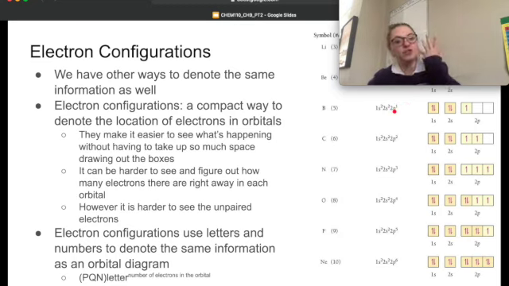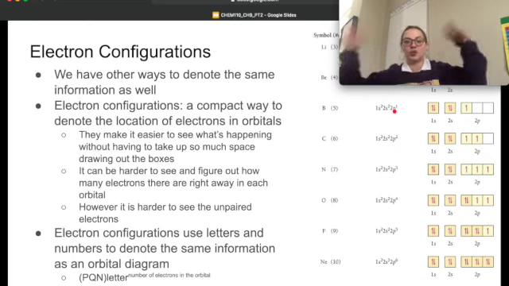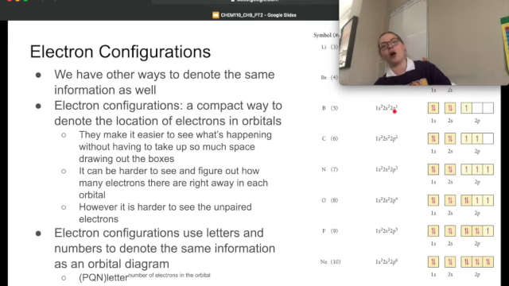They make it so much easier to see what's happening without taking up so much paper and space, drawing out all those boxes and putting all the electrons in. It can be harder to figure out how many electrons there are in each orbital when looking at orbital diagrams, but it's much easier to see with an electron configuration.